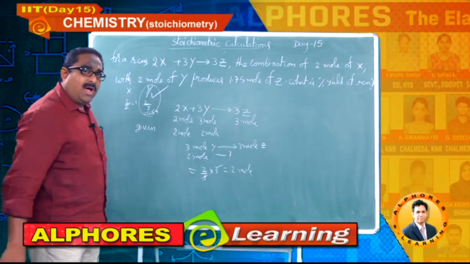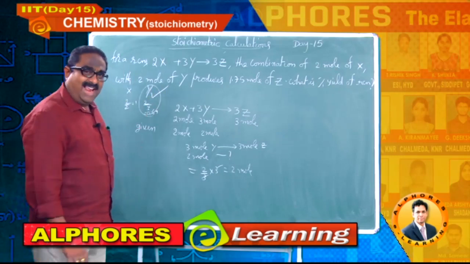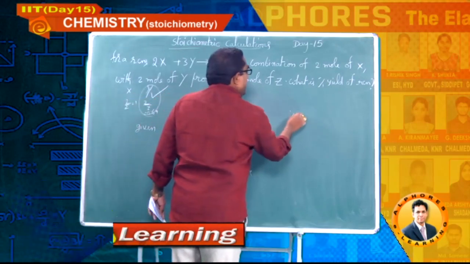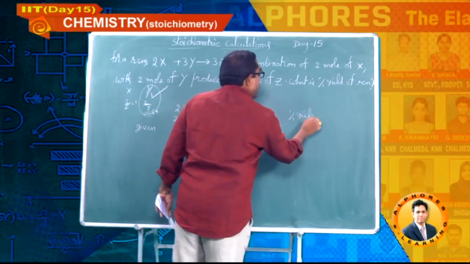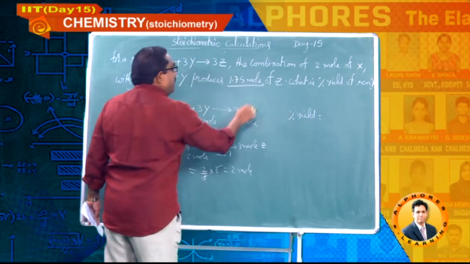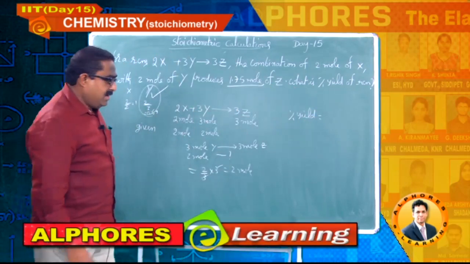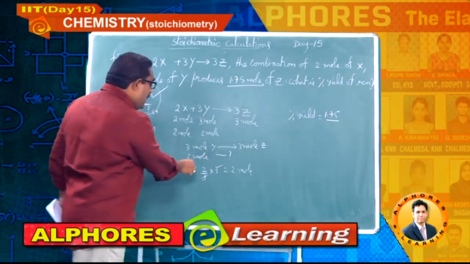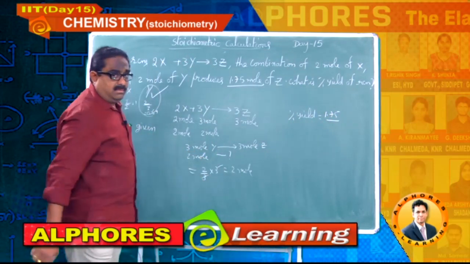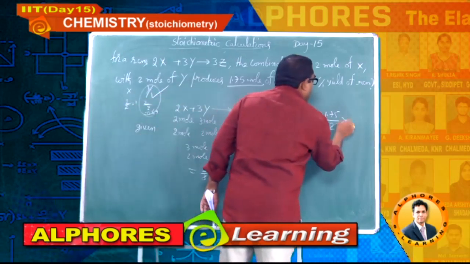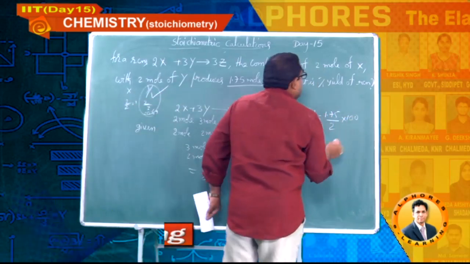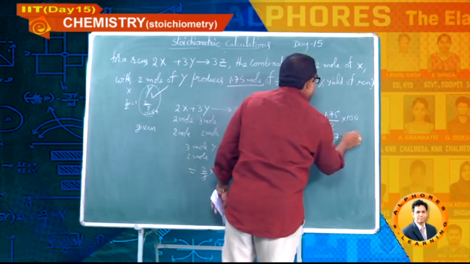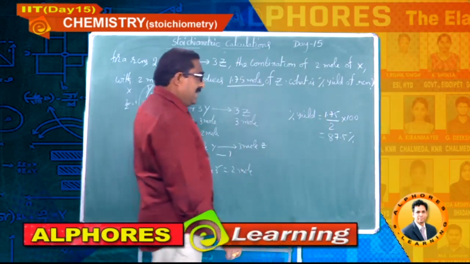Now we have to go for the calculation of percentage yield. Actual amount of product obtained, how many moles has he given? 1.75. But theoretically, how much do we have to get? 2 moles, into 100, that is 87.5%.